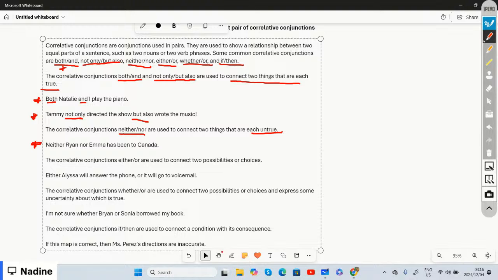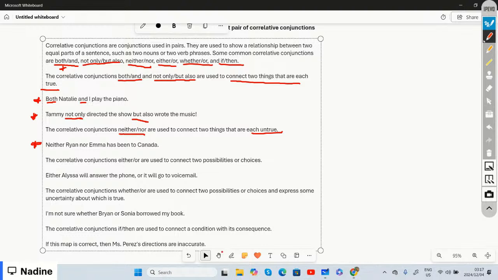Both of them have not been to Canada. So neither Ryan nor Emma has been to Canada.